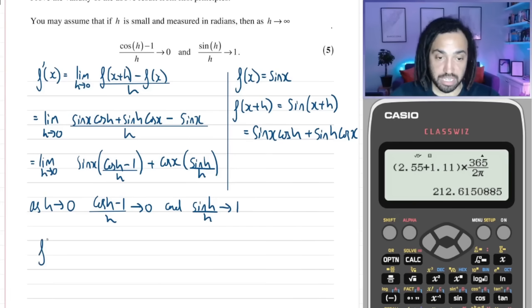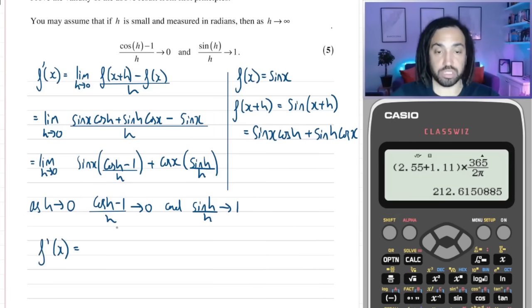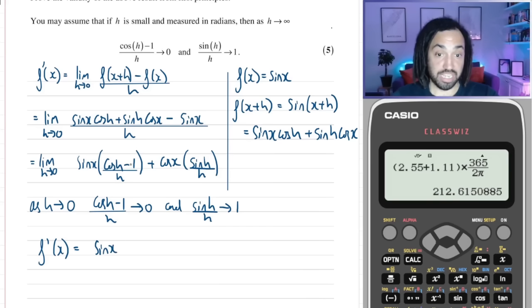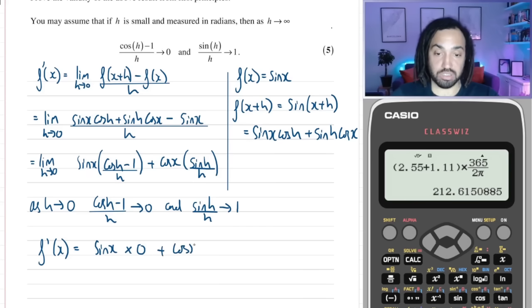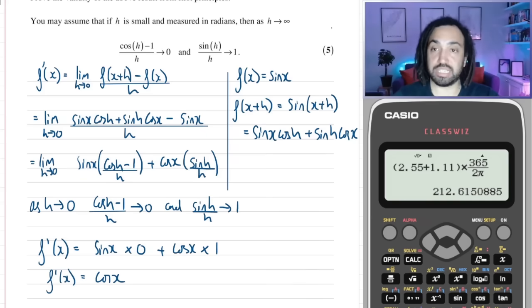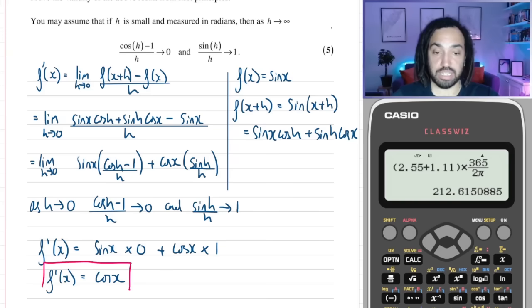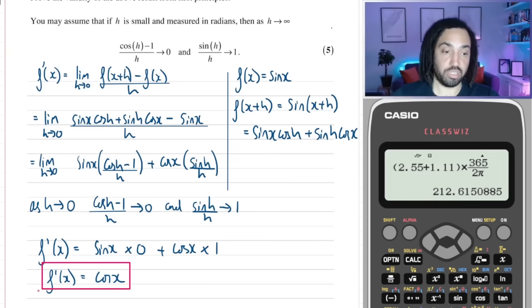So then we can say that f dash of x is equal to sine x here, but this cos h minus 1 over h is going to tend to 0, so that's going to be 0, and then plus cos x here, and this sine h over h is going to tend to 1, so that's going to be times by 1. So this is just going to give us f dash of x is equal to cos x, and that's exactly what we're looking for. So that is all good.